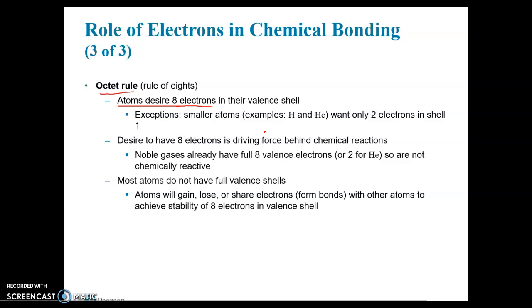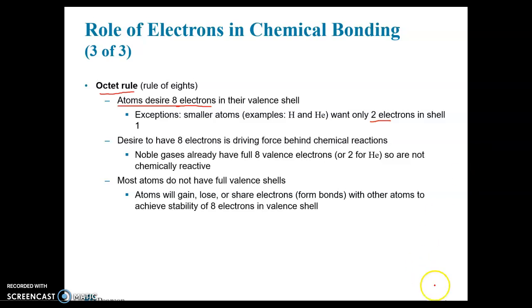If an atom is small, then the first shell can be the valence shell, the outermost shell, and that first shell is full with 2 electrons, but it's the only exception. The rest of the valence shells are full with 8. So all atoms desire to have 8 electrons to be chemically stable.